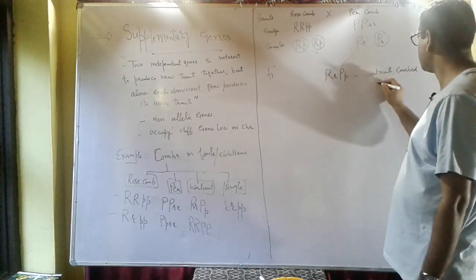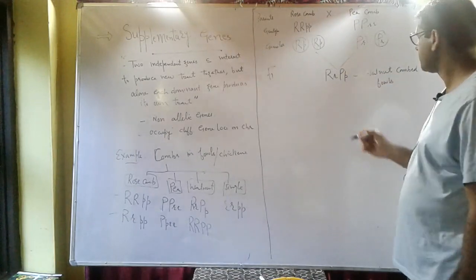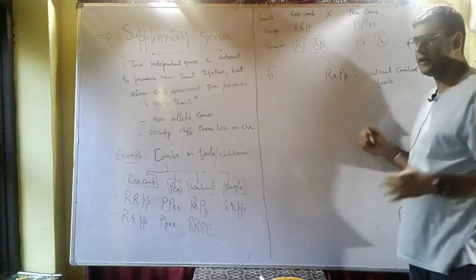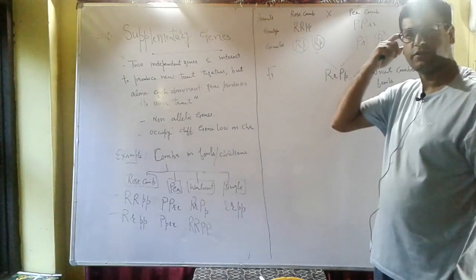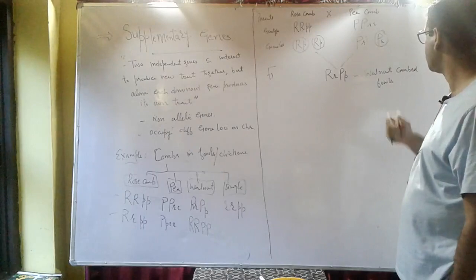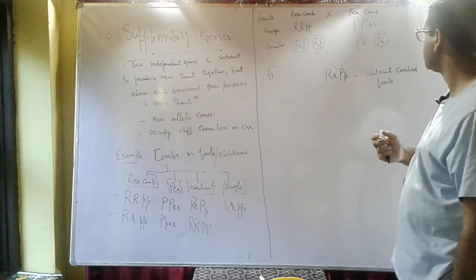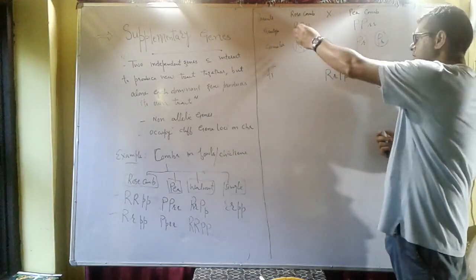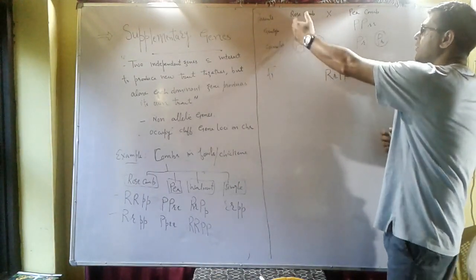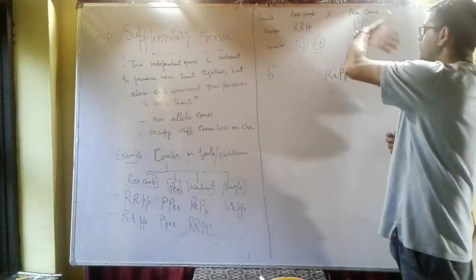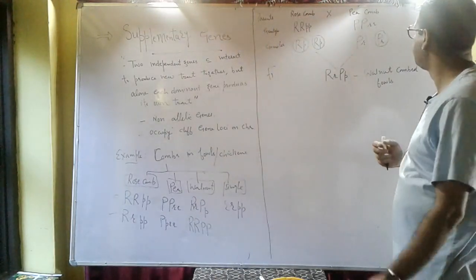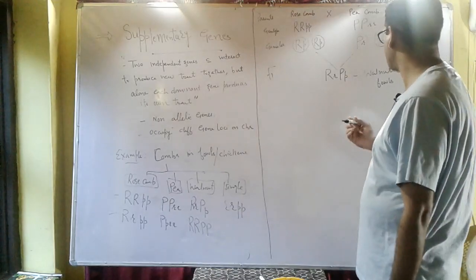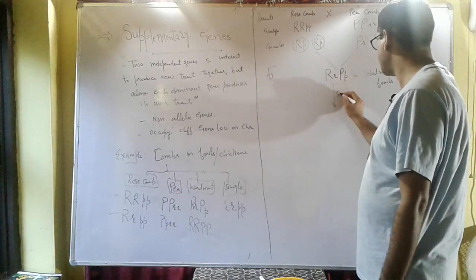It means that this R gene and P gene have interacted and produced a new phenotypic trait together, that is walnut comb. But independently, alone, they can produce their own trait. That means R can produce its own trait, rose comb, and P can produce its own trait, that is pea comb. Then F1 individuals are crossed together, that means selfing.